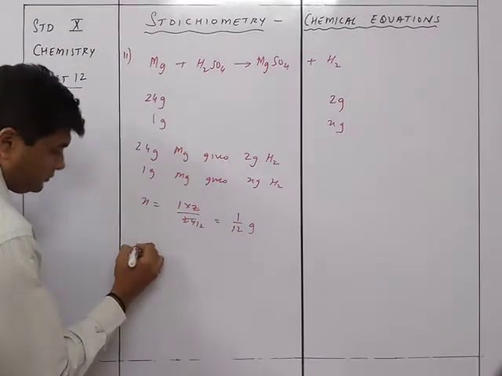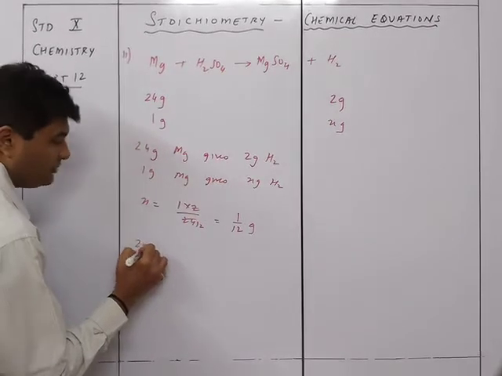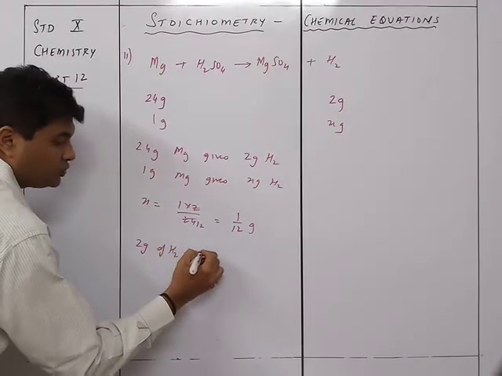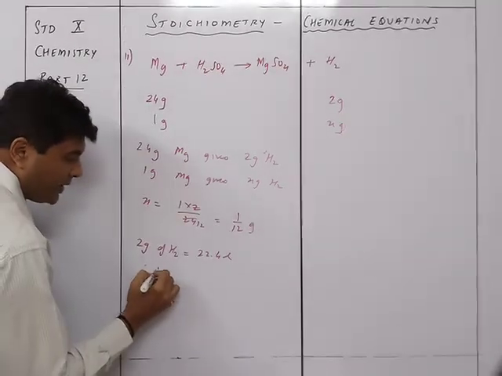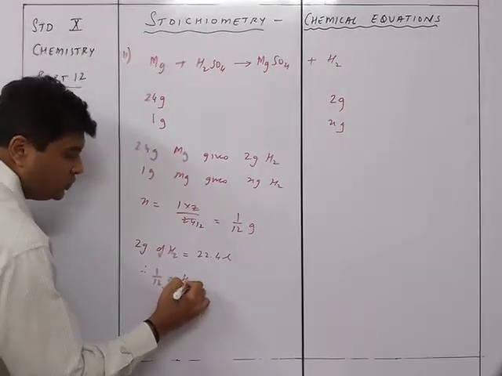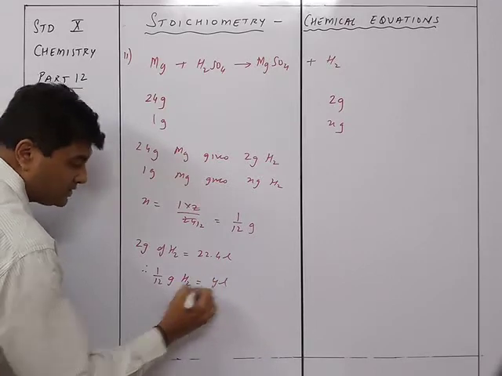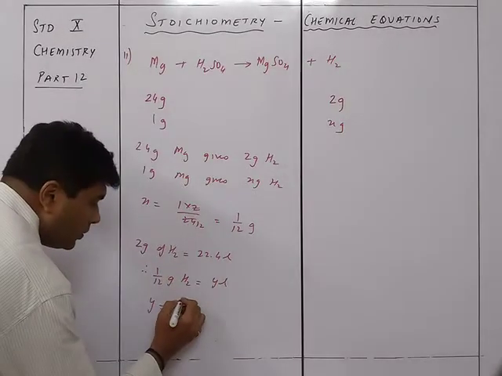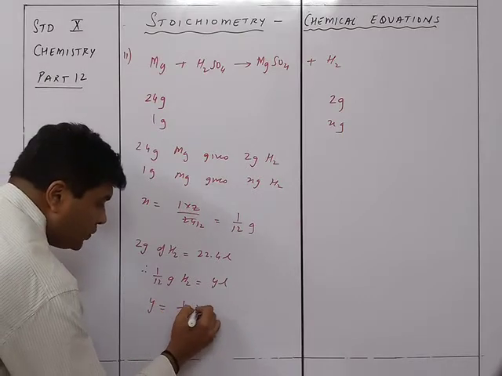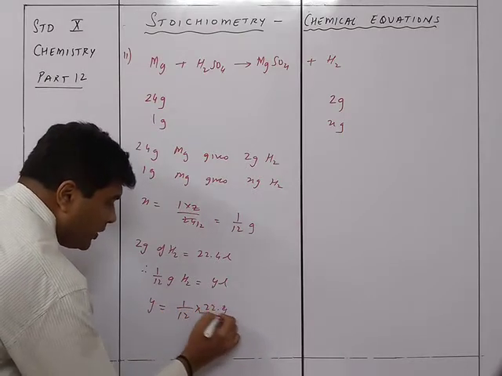Now, 2 grams of H2 is equal to 22.4 liters. Therefore 1 upon 12 grams H2 is equal to Y liters. So Y is equal to 1 upon 12 into 22.4 upon 2.